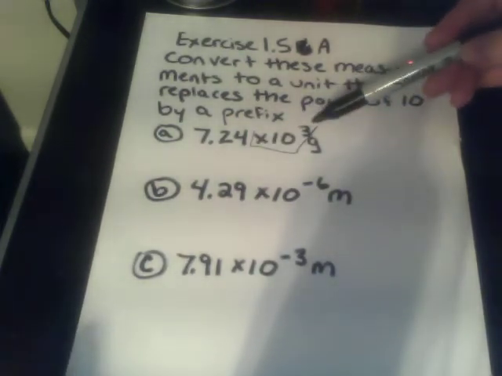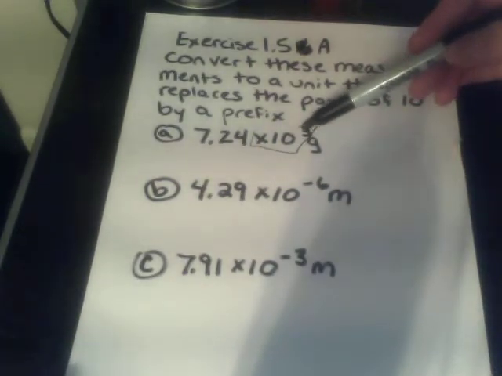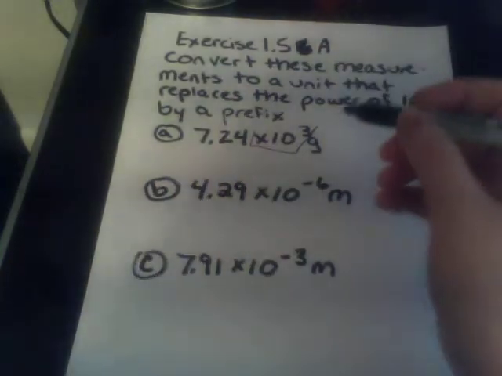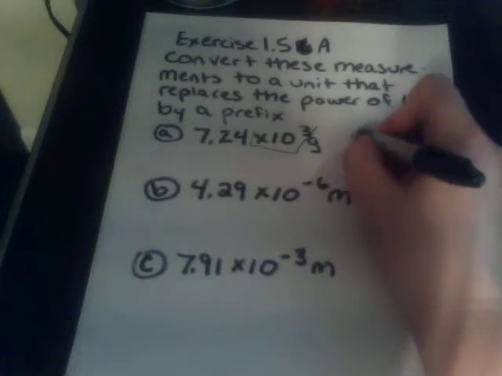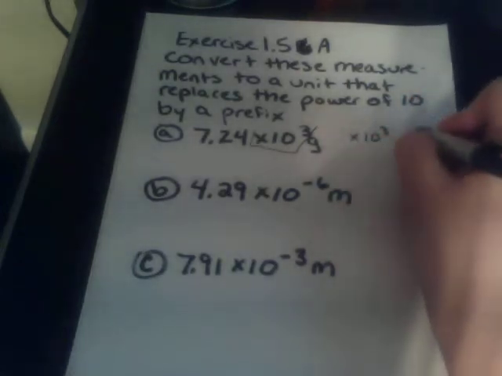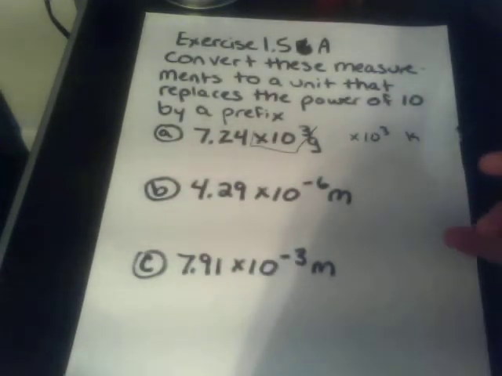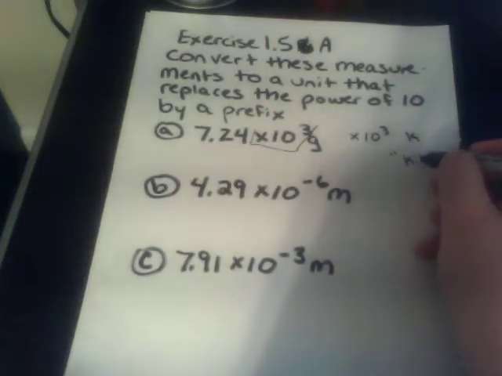So I'll give you a second. You can look at the chart. But times 10 to the 3 is the same thing as kilo. So if I were to look it up on the chart, I would see times 10 to the 3, and I would see a lowercase k. That's what I would see. And I would know that the lowercase k is kilo.